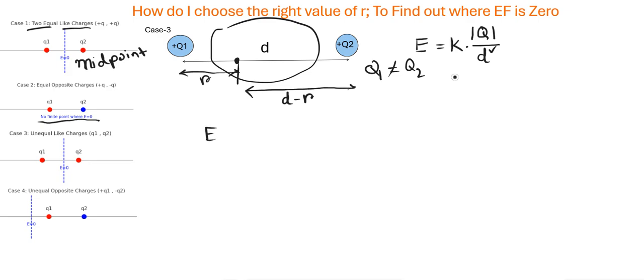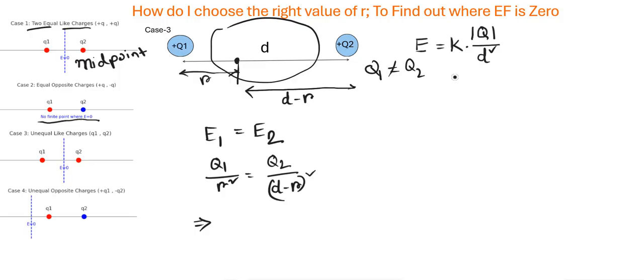The electric field 0 condition will be E1 equals E2. So here it will be Q1 over R square. I'm not writing the constant K this time, I'm just ignoring it. Obviously this is Q2 over D minus R whole square.